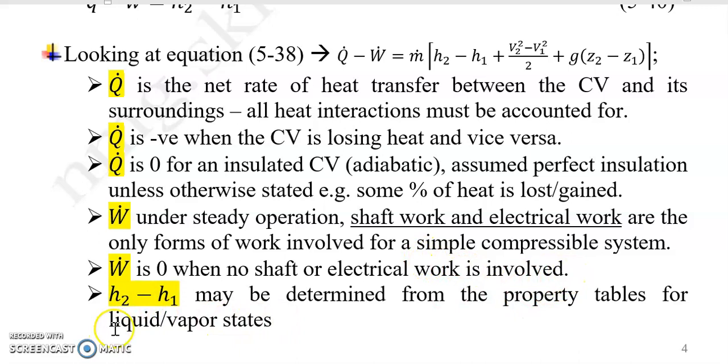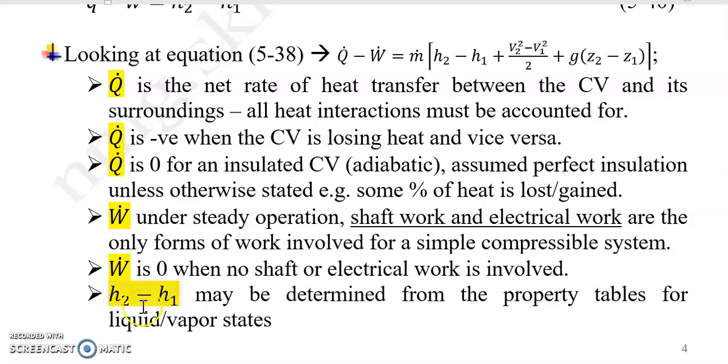The change in the enthalpy between the exit and inlet may be determined from the property tables for liquid-vapor states, if you use the two property rule previously presented to you. In order to get enthalpy at the exit, you need two independent intensive properties. You may be given the pressure, specific volume, or the temperature.